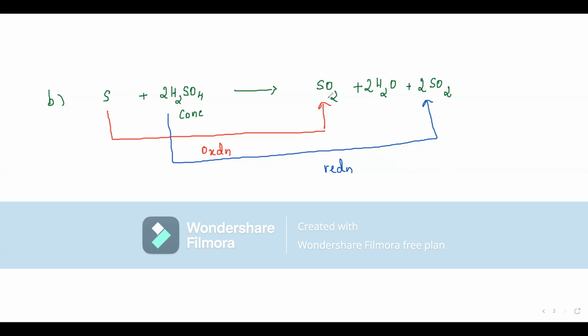Now, you don't have to write it as SO2 plus 2SO2. When you present it in your examination paper, you can just write it as S plus 2H2SO4 concentrated gives you 3SO2 plus 2H2O.